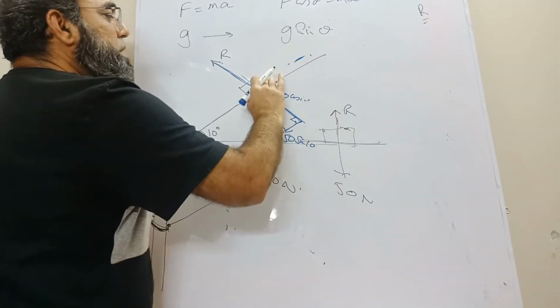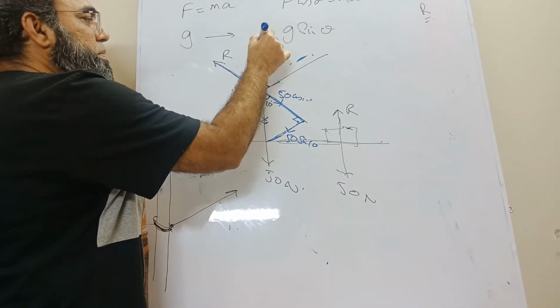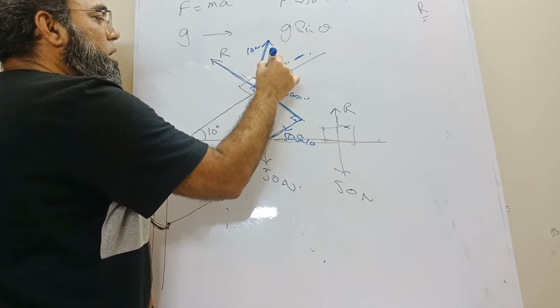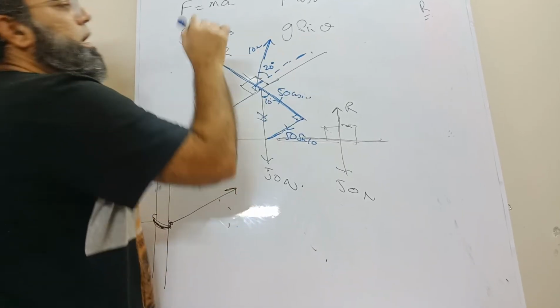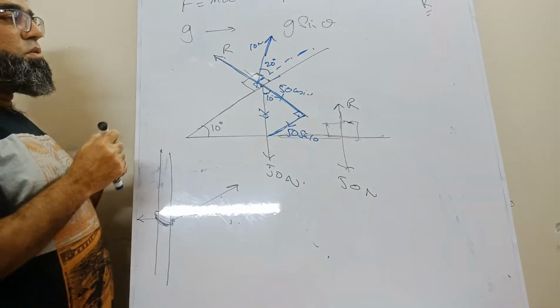Now suppose there is a 10 Newton force over here, and this is acting at an angle of, let's say, 20 degrees. Now let's say you have to find this R. This is not a difficult thing.